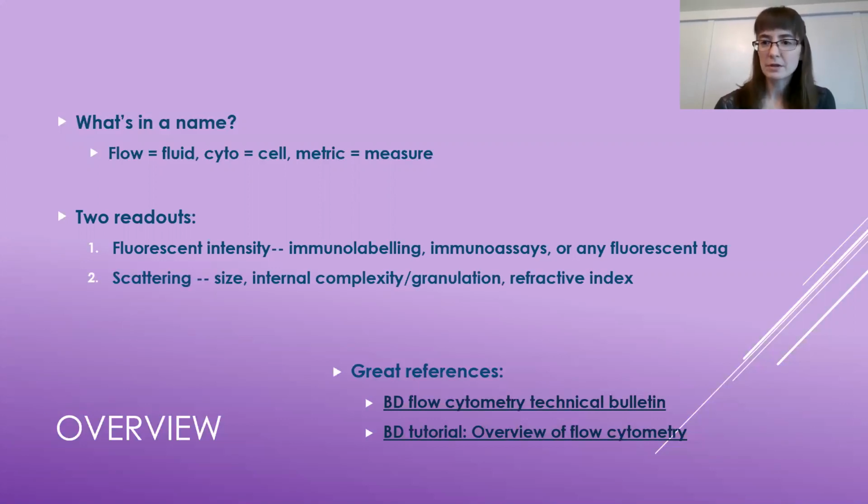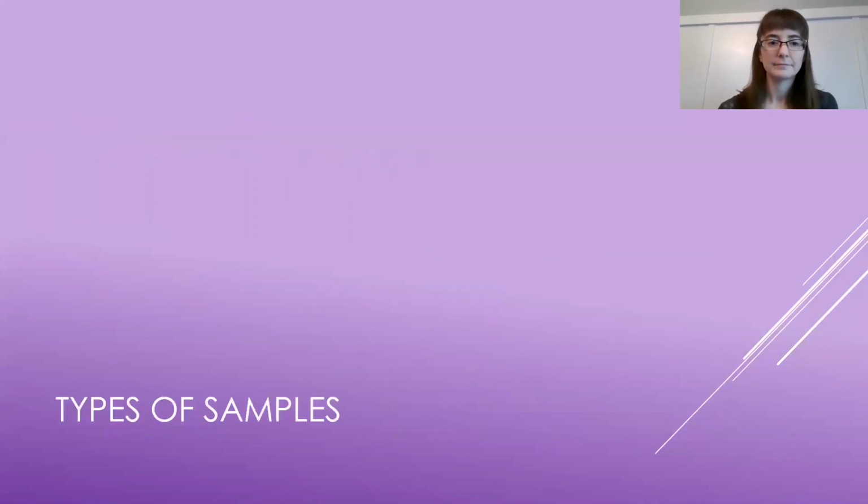We also measure the light that is scattered as light from a laser hits a cell or particle, and from that we can actually learn quite a bit. So for further reference, I encourage you to look at these two resources here from BD, and there's also a wide variety of other resources online if you just Google flow cytometry.